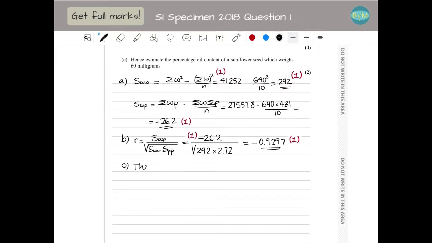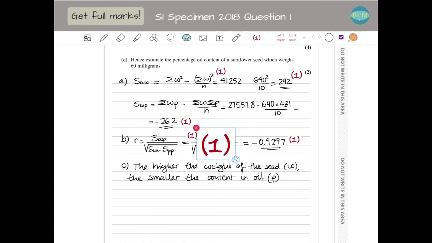The greater the weight of the seed, which is W, the smaller the content in oil, which is the P, or percentage.